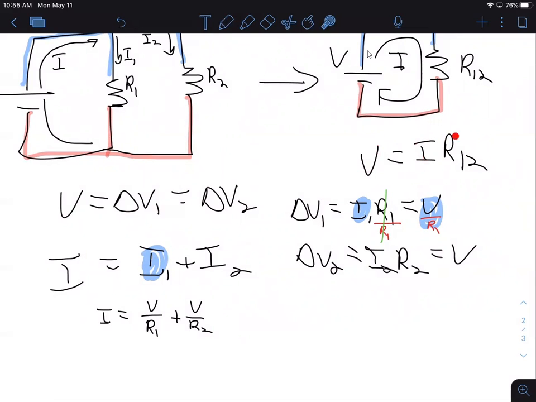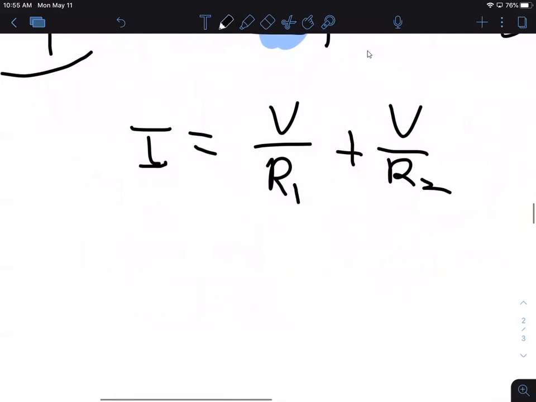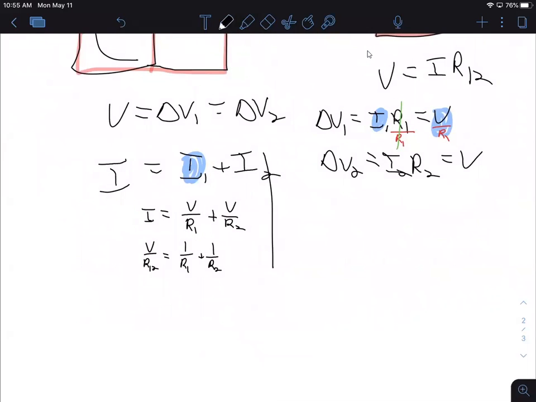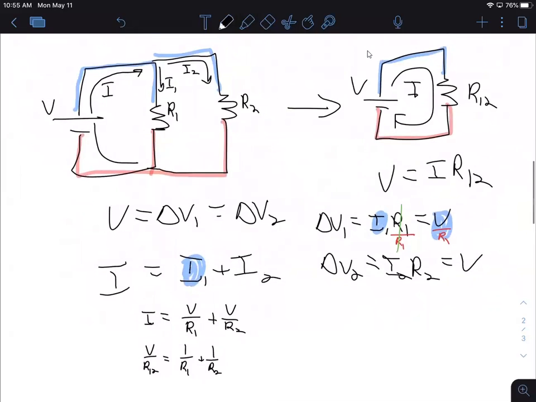I is V divided by R12, so V over R12 equals V times (1 over R1 plus 1 over R2). So in this theoretical circuit, this theoretical resistance R12, where it's a simple circuit, I should get this current that's the same as this current, and therefore this should work out.